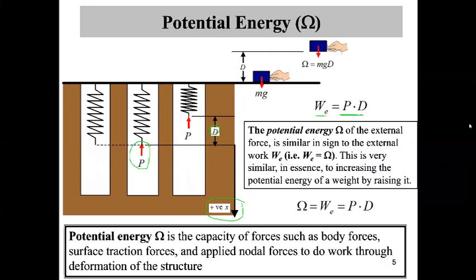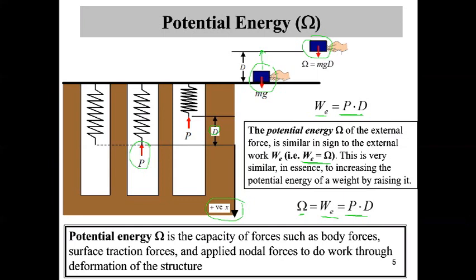The potential energy omega of the external force is similar in sign to the external work WE. In other words, WE equals omega. This is very similar in essence to increasing the potential energy of a weight by raising it. Therefore, omega equals WE equals P times d.